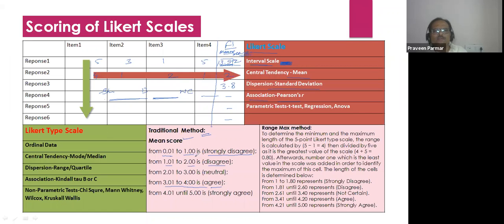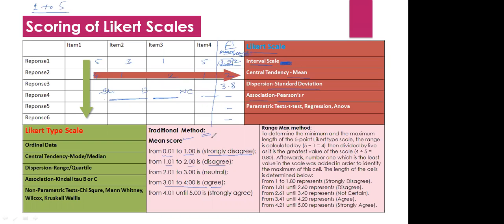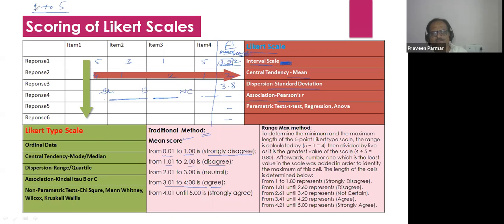But you know that our Likert type scale uses values from 1 to 5. Can we get a mean less than 1? No. So how is this traditional method scientific?